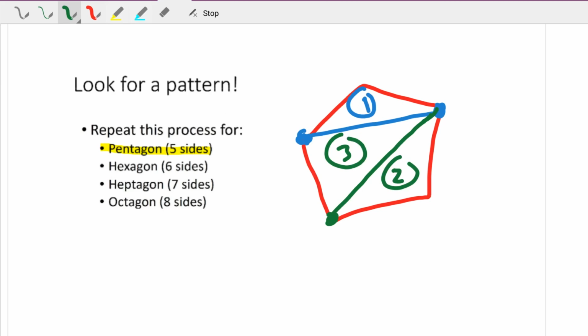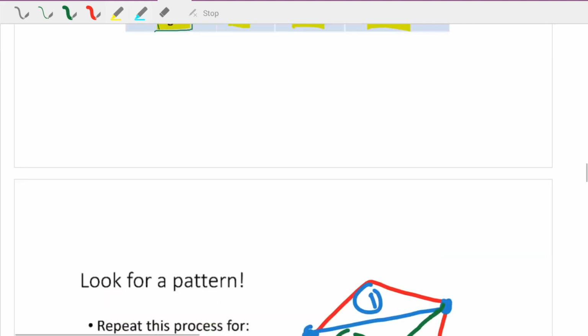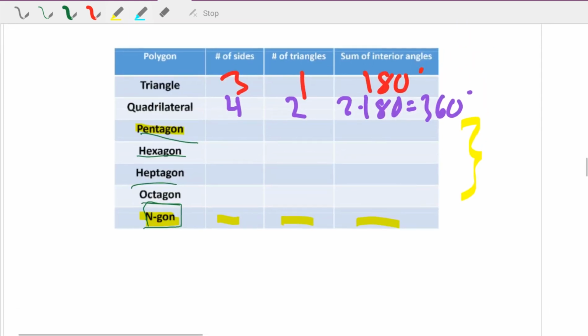So what this means is a pentagon, which has 5 sides, I can break up into 3 triangles. So go to your table and let's fill that out. So a pentagon has 5 sides, 3 triangles, and so we can do the math.